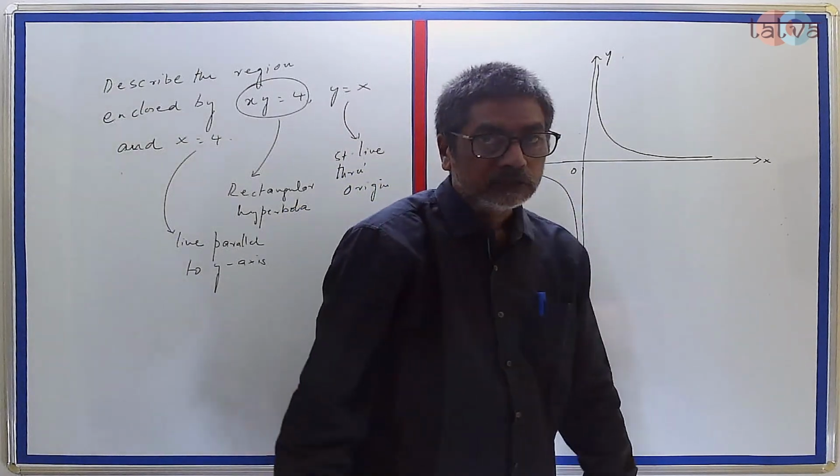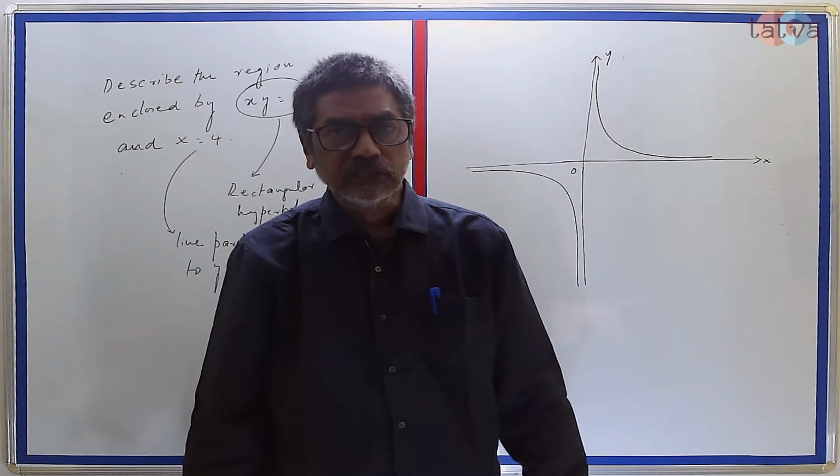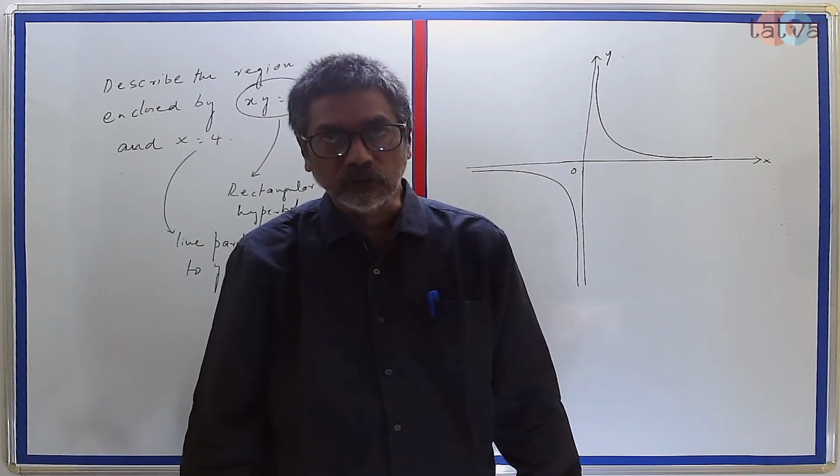These are the two branches of the hyperbola, symmetric about the origin, which means the two branches are in the first and third quadrants. x and y axis are asymptotes.